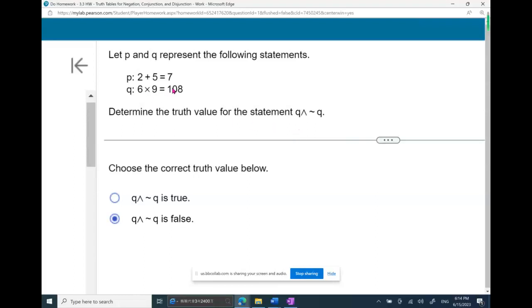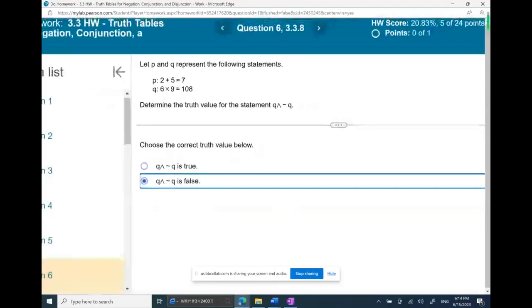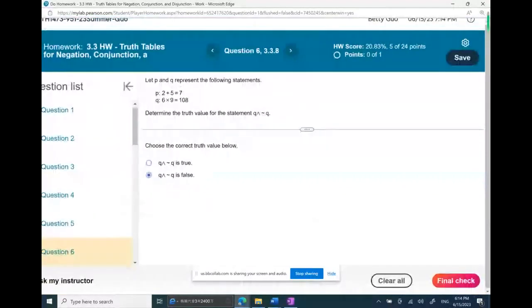Q is false. It doesn't matter if the other component is true or false. The conjunction is false for sure. When you see at least one component is false, the conjunction is false. Is that clear? Any questions? 1, 2, 3.